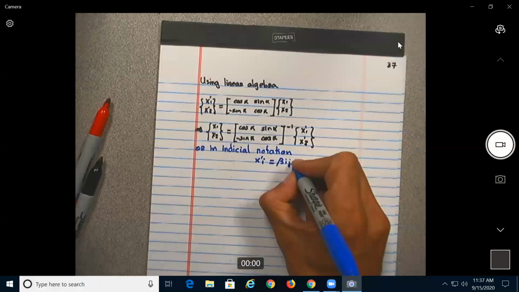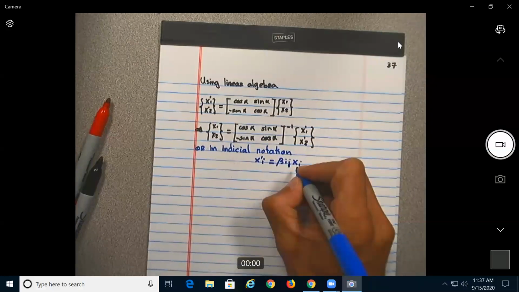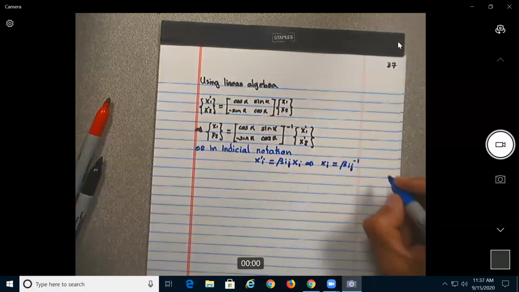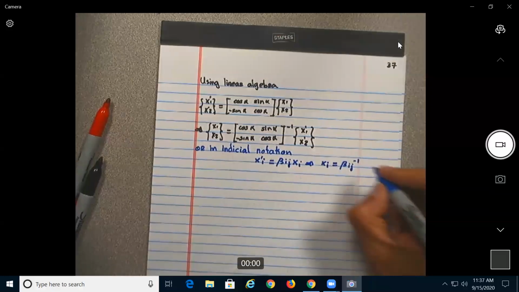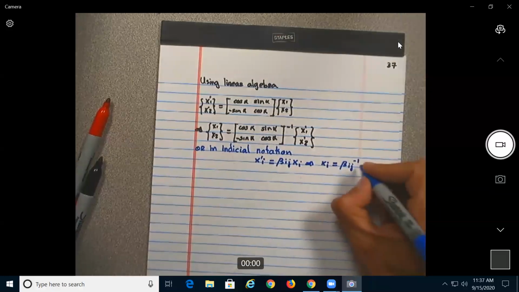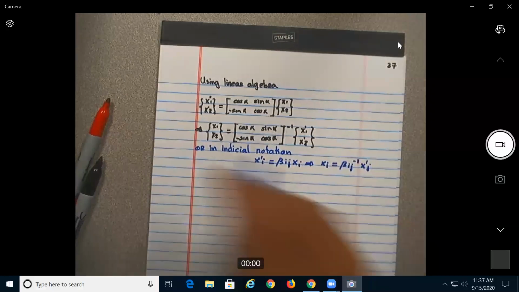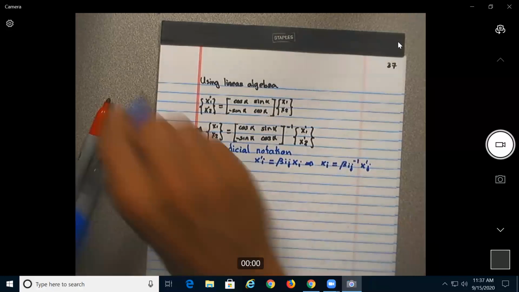And we say that x i will be equal to beta ij minus 1 times x prime j. Basically, this stuff is so logical that sometimes it might be hard to follow.